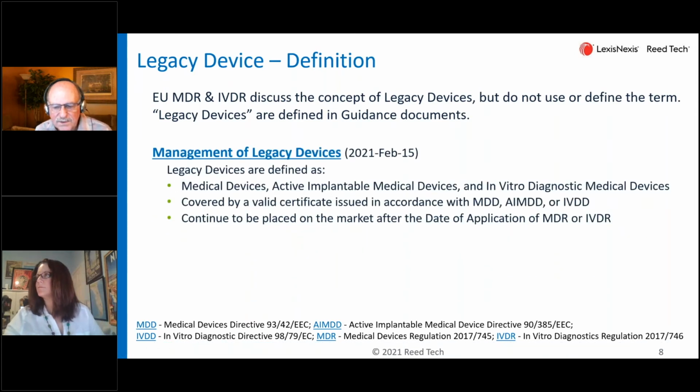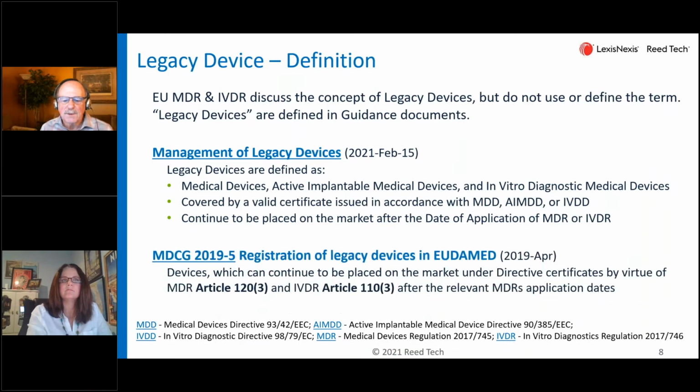defined as medical devices, active implantable medical devices, or in vitro diagnostics. So that's the scope. And then of all those particular possibilities, these particular devices are covered by a valid directive certificate. And noteworthy is that they continue to be placed on the market after the date of application. So there's a link there to that guidance document.